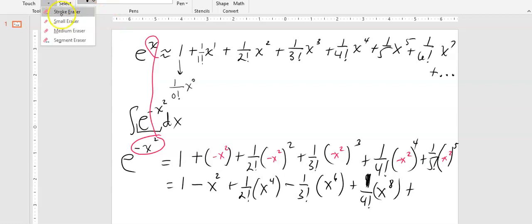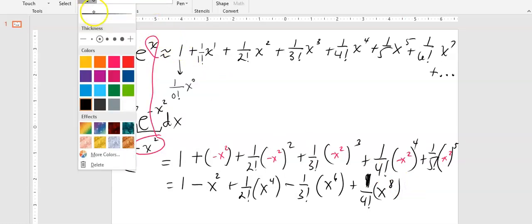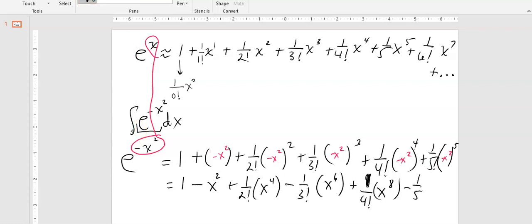Because it's the 5th, we're going to get a negative on that last term. That's going to be minus 1 over 5 factorial, and then x squared to the 5th is going to be x to the 10th.